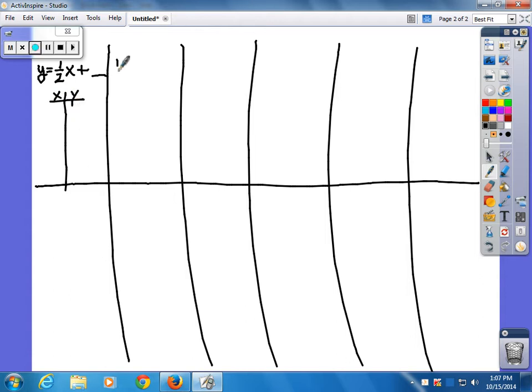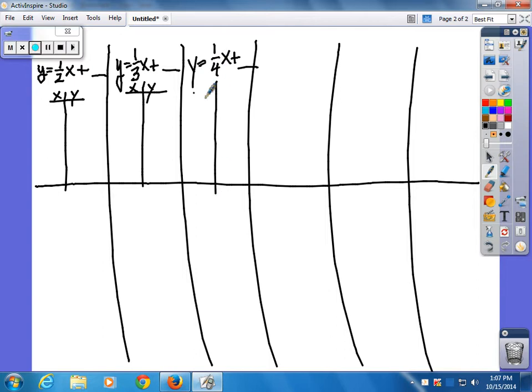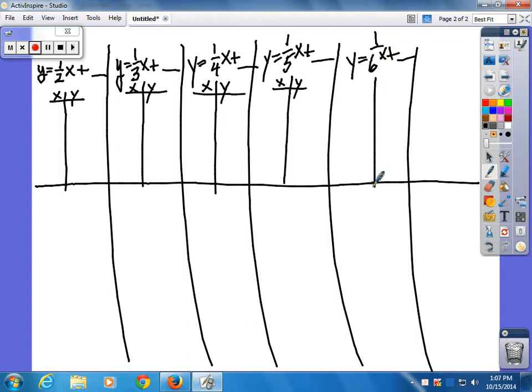Second one: y is equal to 1/3 x plus blank, x and y. Y is equal to 1/4 x plus blank. Y is equal to 1/5 x plus blank. Y is equal to 1/6 x plus blank.